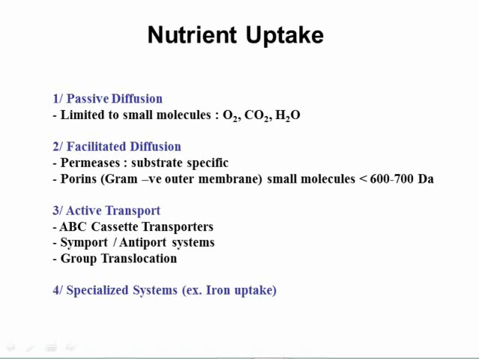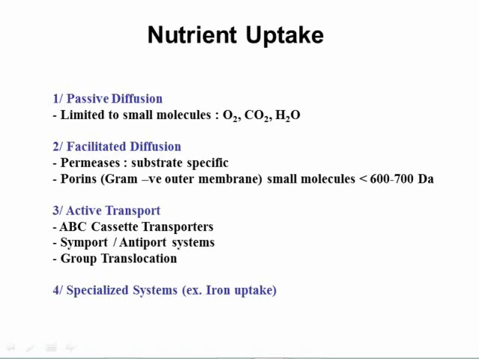Facilitated diffusion will only work if there is a concentration gradient going from the outside to the inside. If you want to assimilate something that is at a very low concentration outside the cell, then you'll have to use some kind of active transport mechanism, which we're going to look at next.